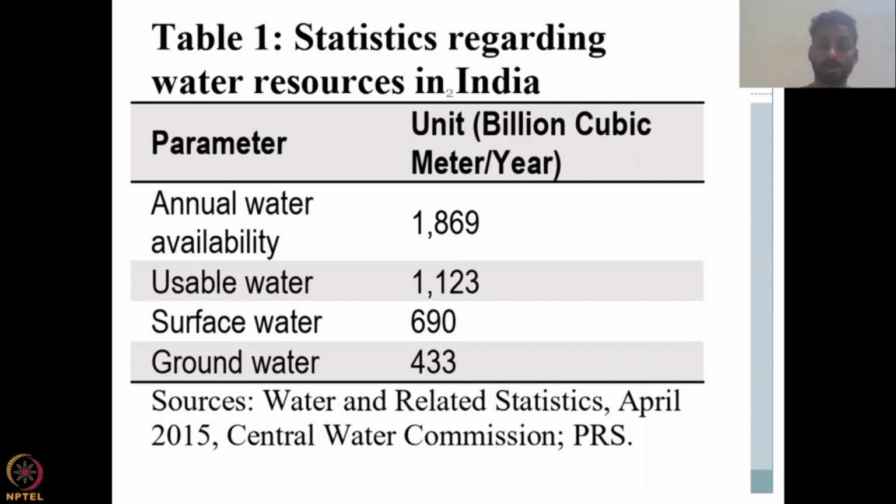And the surface water contribution to that total is 690, whereas groundwater is 433 billion cubic meters per year respectively. So the groundwater is very near to the surface water, and it cannot be neglected. That is the driving fact from this statistics.